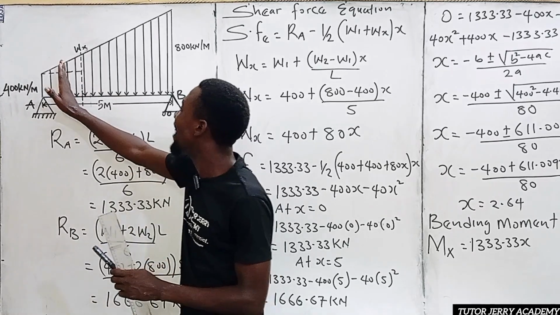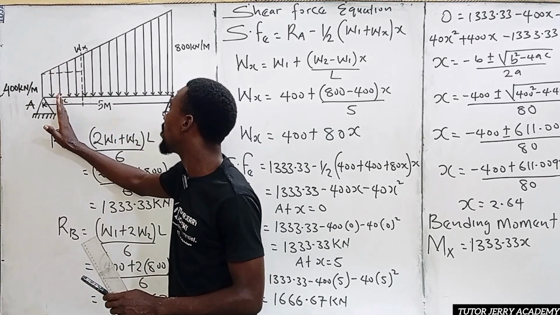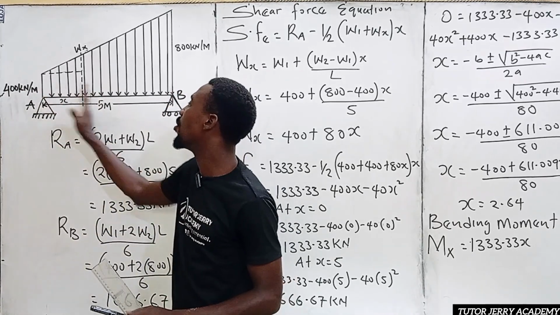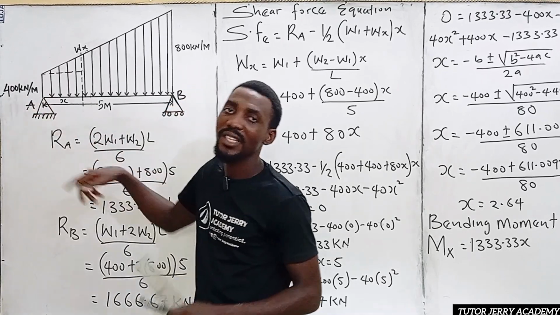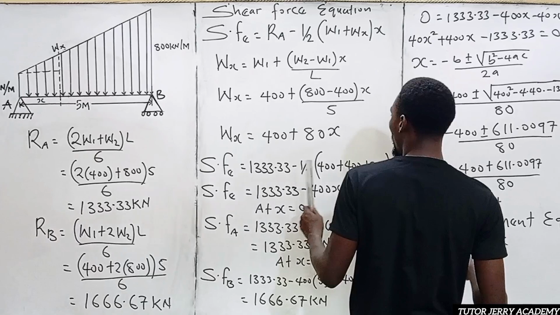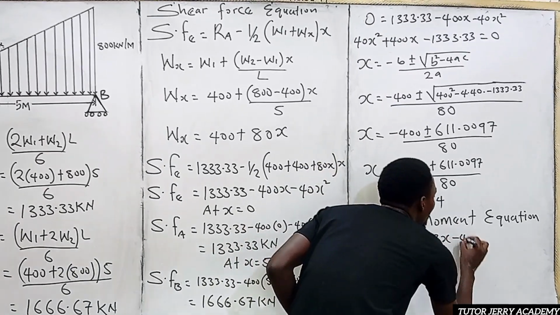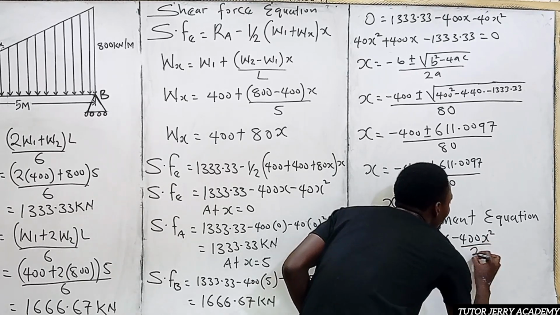Then it's going to act at the center of this line. That is going to be at X over 2 to this side and X over 2 to this side. So if you take your moment, anyhow you are taking your moment, it's going to be 400 S multiplied by X over 2. So here we are going to multiply what we have here by X over 2. So we are going to have minus 400 S squared all over 2.